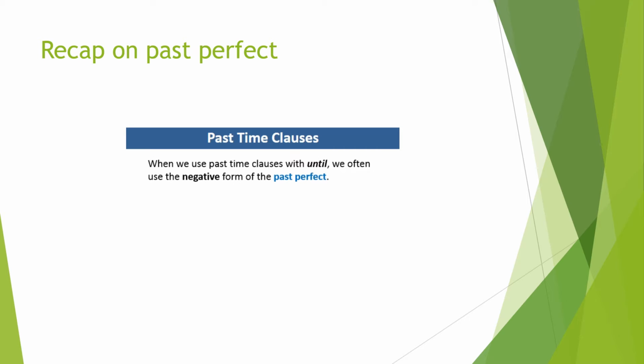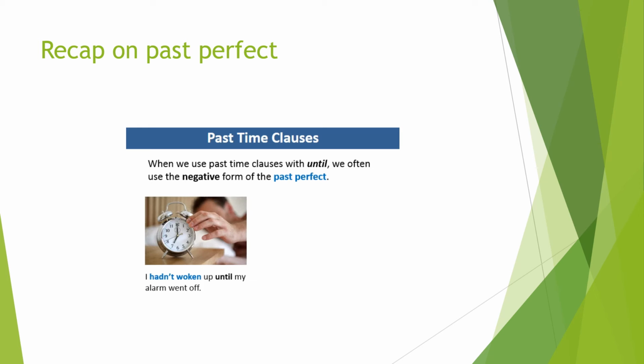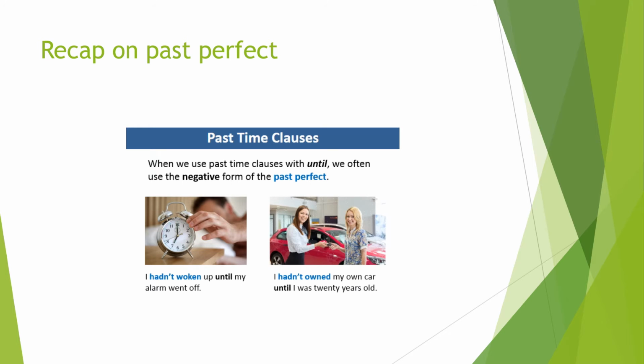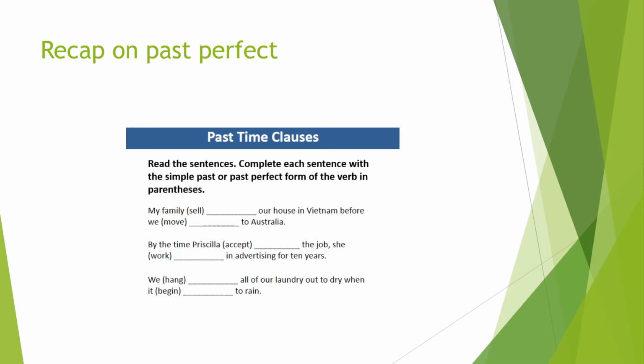When we use past time clauses with until, we often use the negative form of the past perfect. I hadn't woken up until my alarm went off. I hadn't owned my own car until I was 20 years old. Read the sentences. Complete each sentence with the simple past or past perfect form of the verb in parentheses.